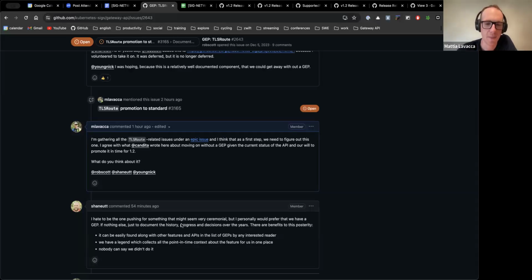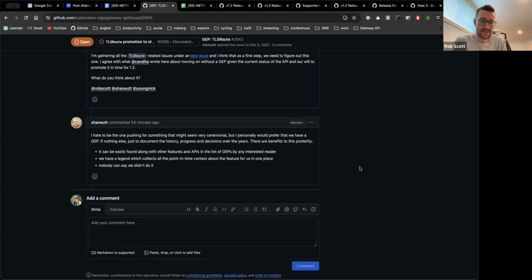I hate to say the unpopular thing here, but I would prefer to see some kind of very lightweight GEP here. And a very specific question I'd like to see answered in that GEP is why we chose to have both TLS and TCP route.